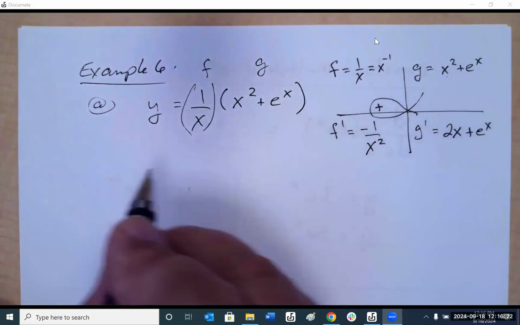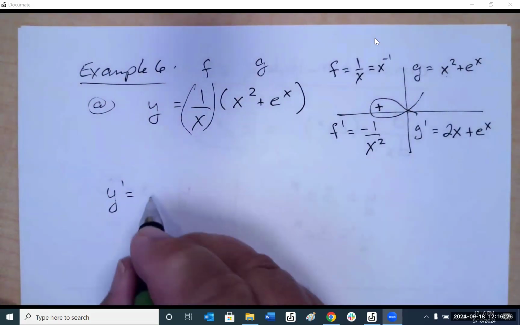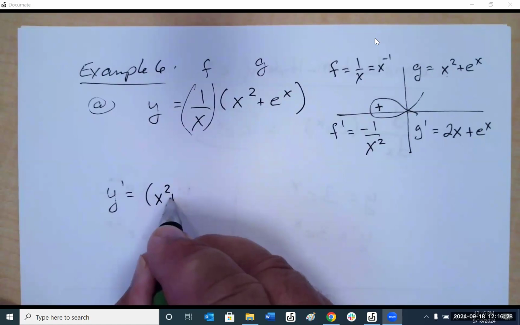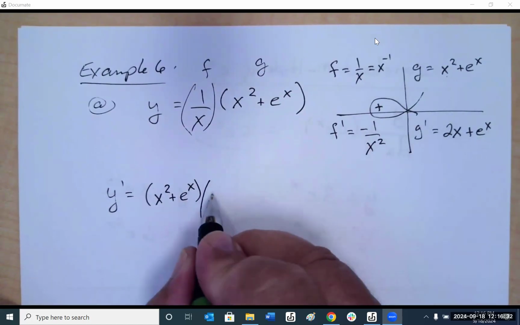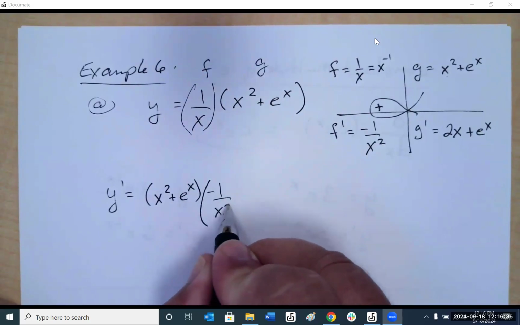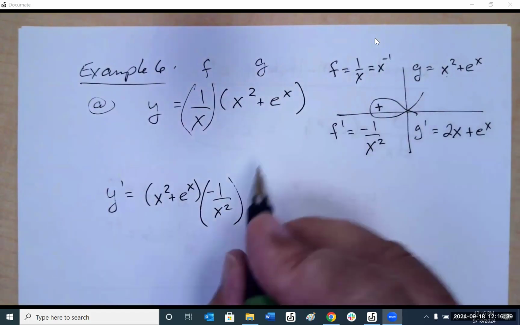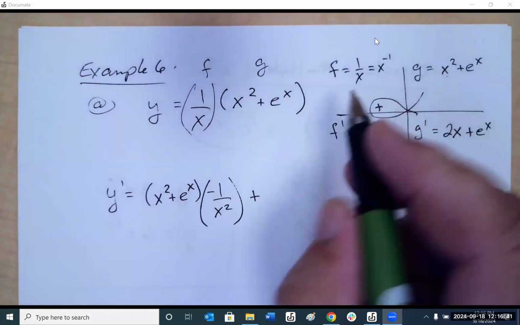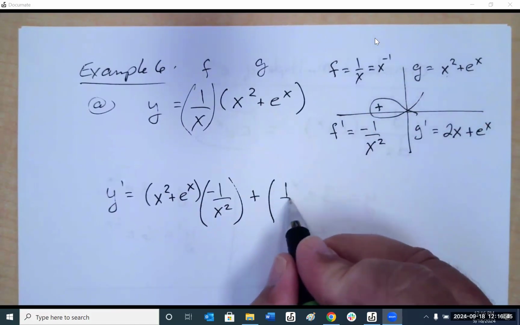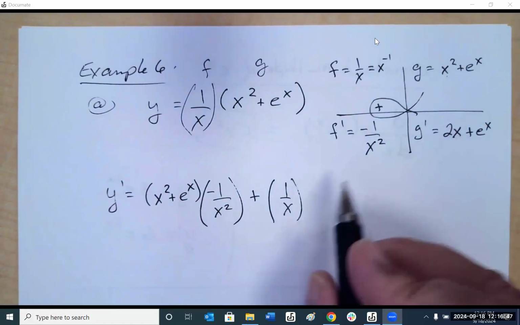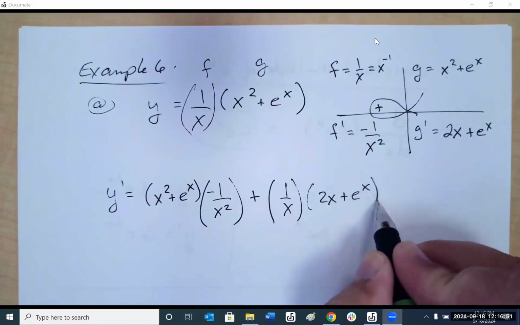So the derivative is x squared plus e to the x times -1/x², plus 1/x times 2x plus e to the x.